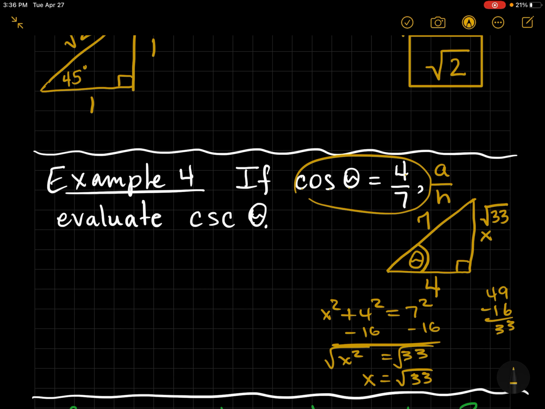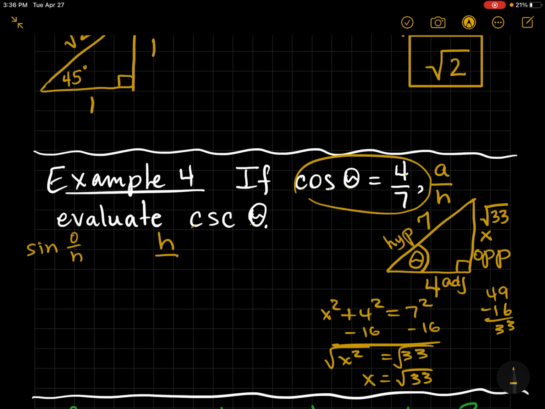So from this angle, this is my hypotenuse, this is my adjacent, and this is my opposite. Now, that'll make it pretty easy for me to find the cosecant of theta. Cosecant is the reciprocal of sine, which is opposite over hypotenuse.